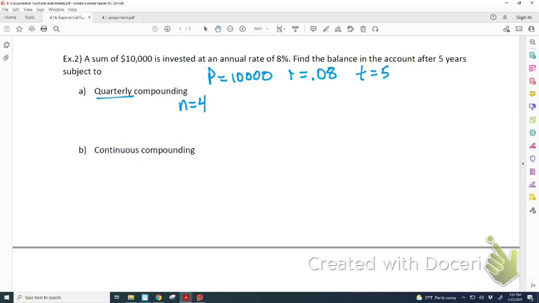And then for the second account, we'll use that PERT formula. So on part A, we're going to go 10,000 times 1 plus 0.08 divided by 4 raised to the 4 times 5. When you type that in, you should get 14,859.47.